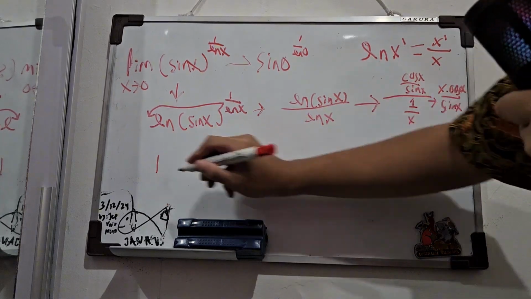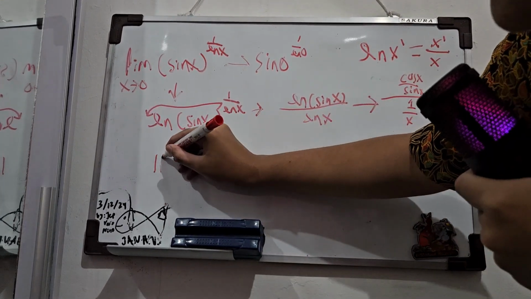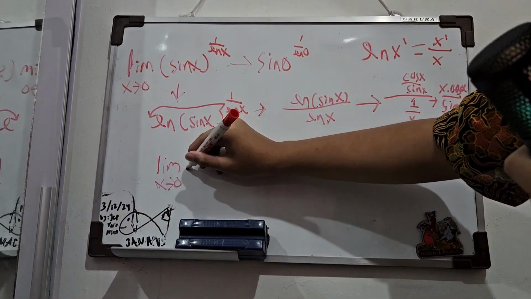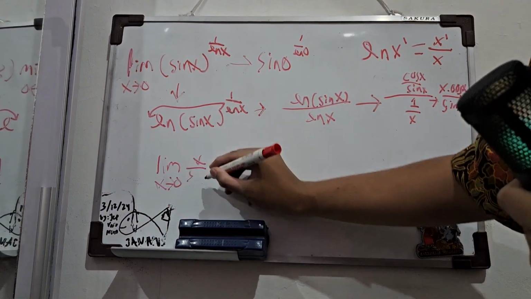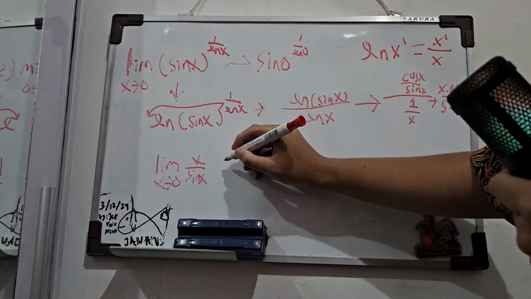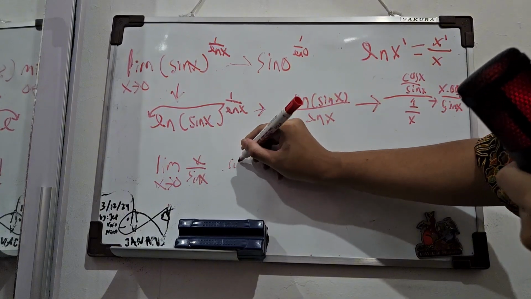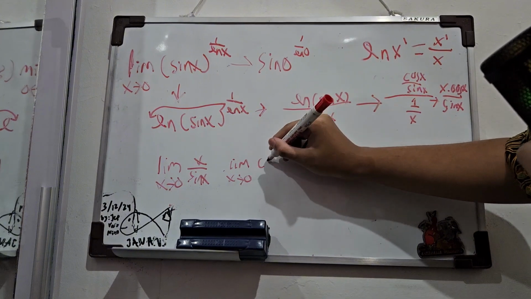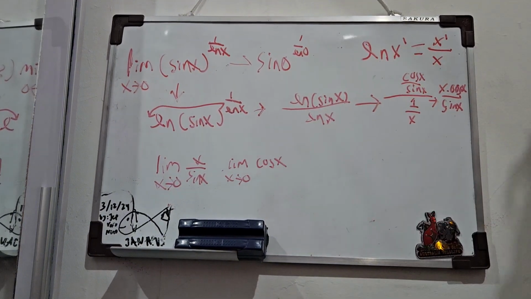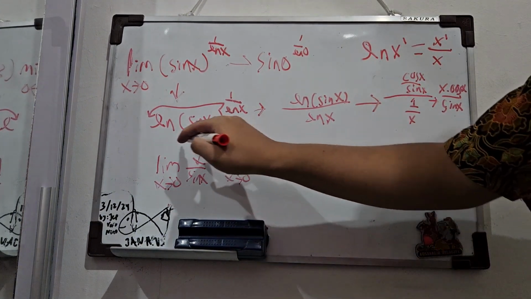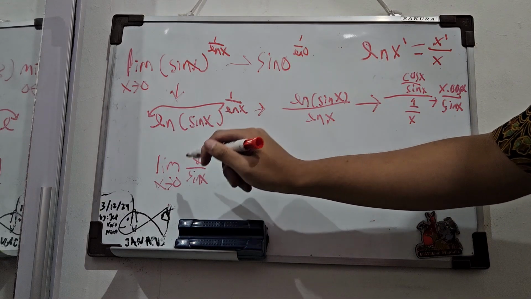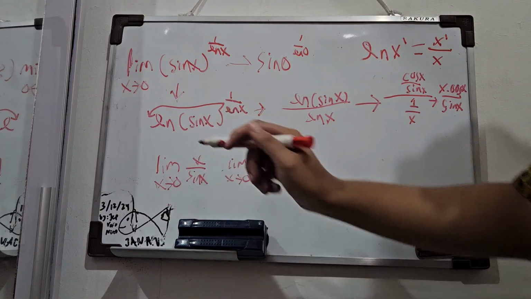Now we can split these up into the limit as x approaches 0 of x per sin x times the limit as x approaches 0 of cos x. We can now differentiate this as the limit of an indeterminate form is the same as the limit of its derivatives.